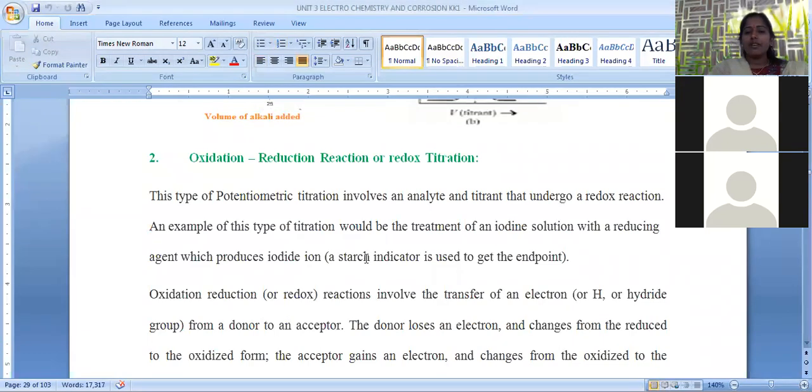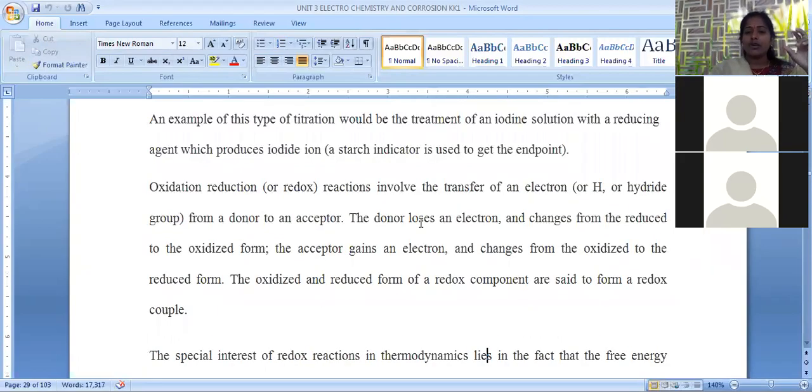The titrant filled in the burette is potassium permanganate or potassium dichromate. Potassium dichromate in the burette is the oxidizing agent used to convert ferrous into ferric.